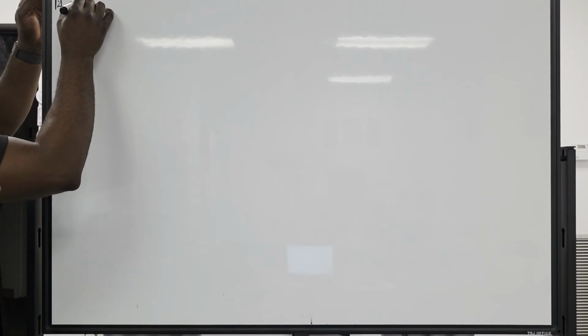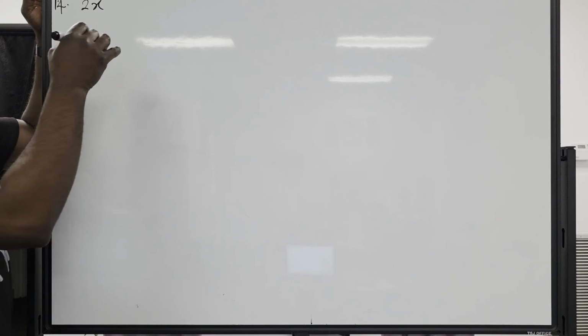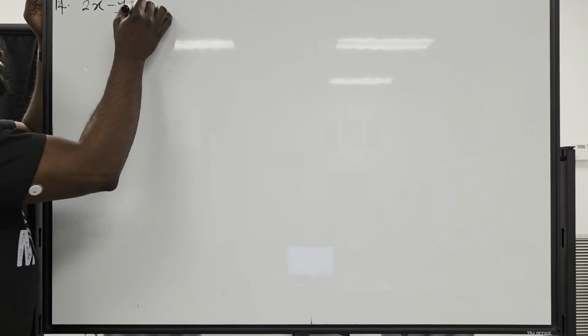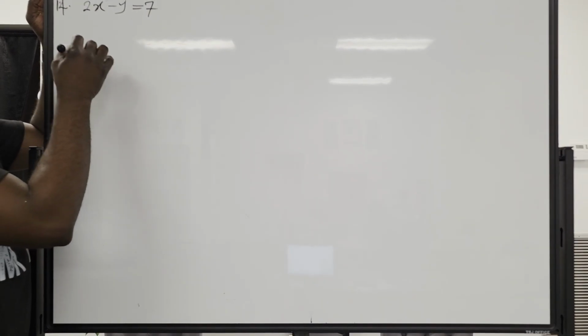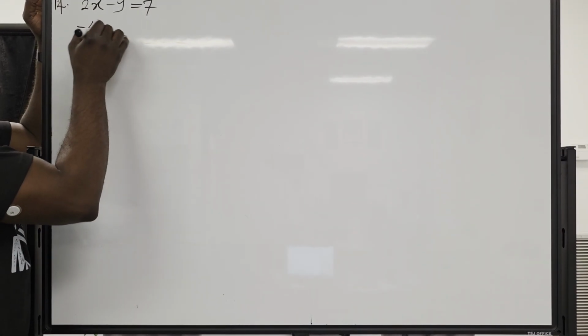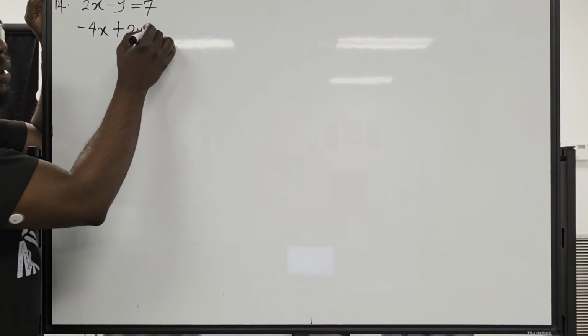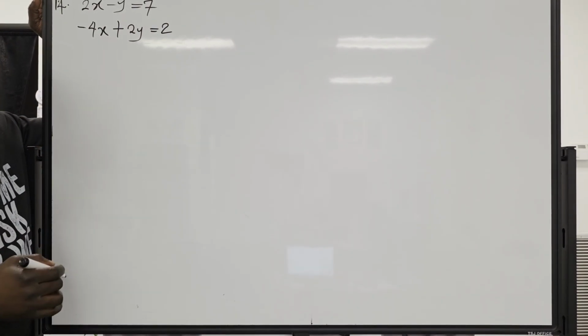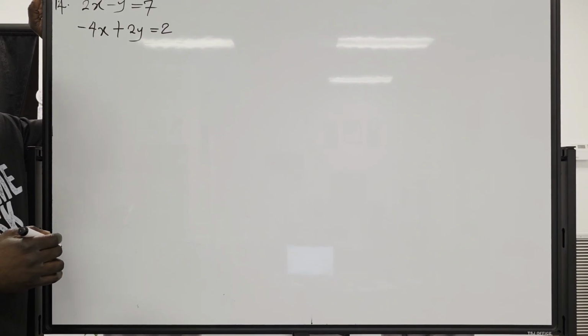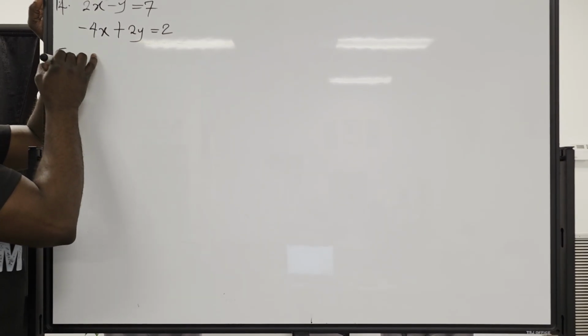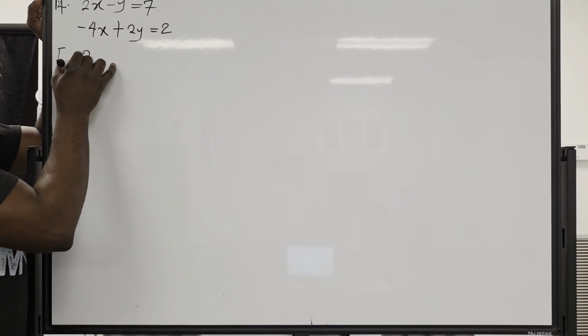So we have 2x minus y is equal to 7, and minus 4x plus 2y is equal to. The question is, which of the following values, if any, is the y value of the solution set to the system of equations below? And they give us option F is 2.